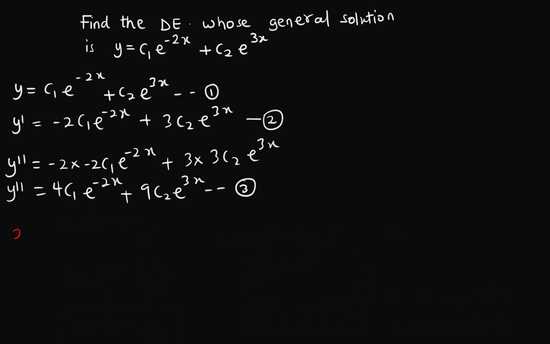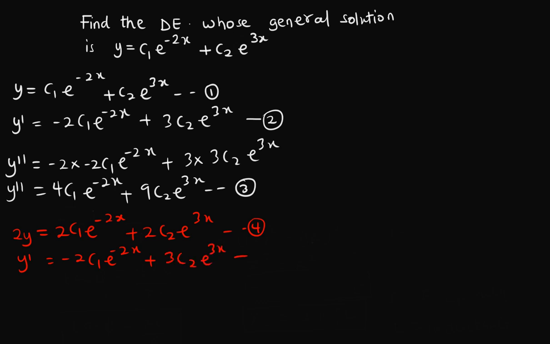That will give me 2y equals 2c1 e to the power minus 2x plus 2c2 e to the power 3x. Let's name this equation 4. Now let's look at equation 2: y prime equals minus 2 c1 e to the power minus 2x plus 3c2 e to the power 3x.